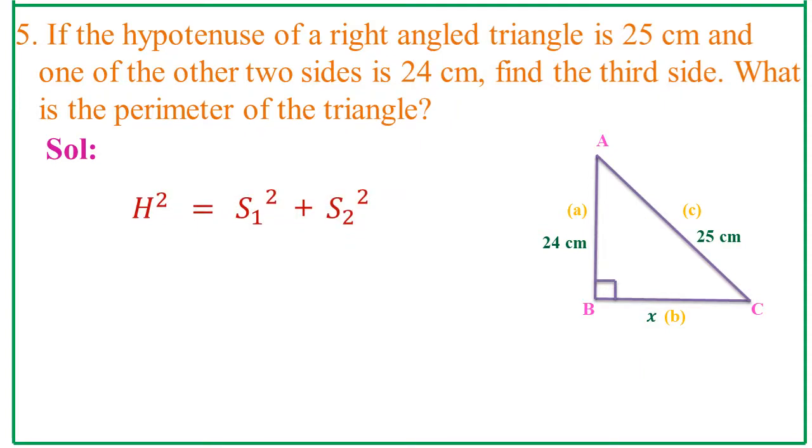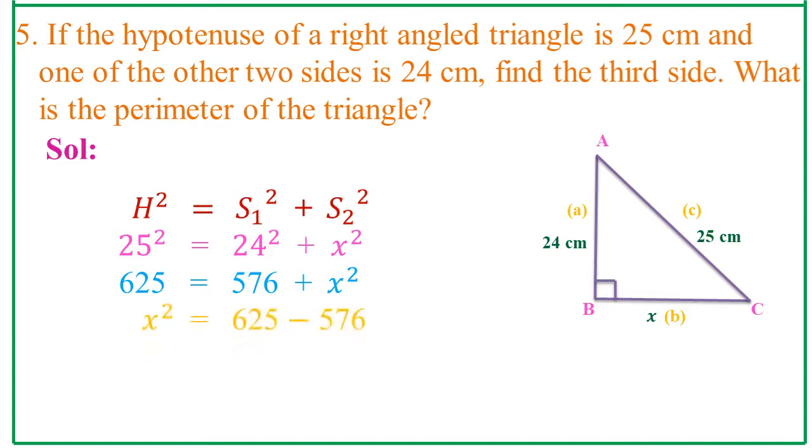Use the Pythagoras theorem formula. Hypotenuse squared equal to side 1 squared plus side 2 squared. Hypotenuse 25 cm, side 1, 24 cm, side 2 we have to assume x. So substitute the values. 25 squared equal to 24 squared plus x squared. 25 squared means 25 into 25, 625, equal to 24 into 24, 576, plus x squared.